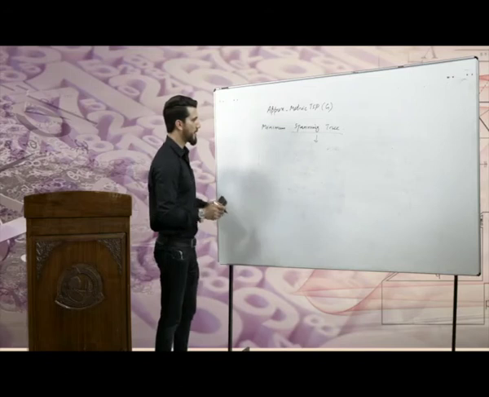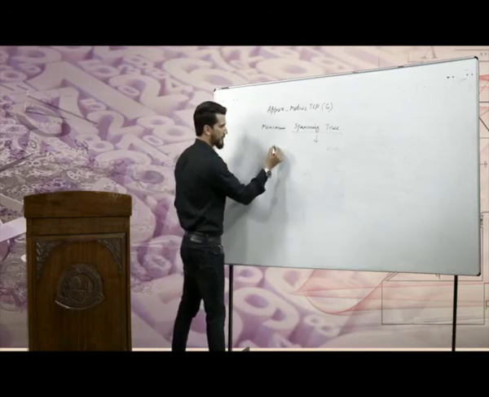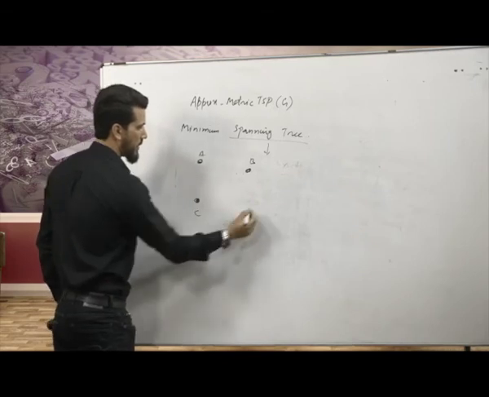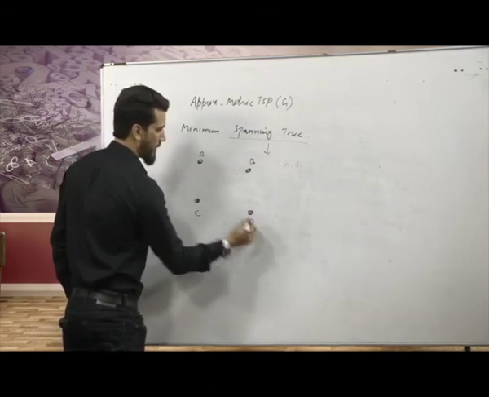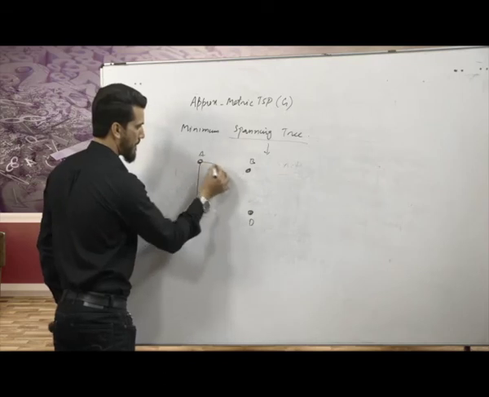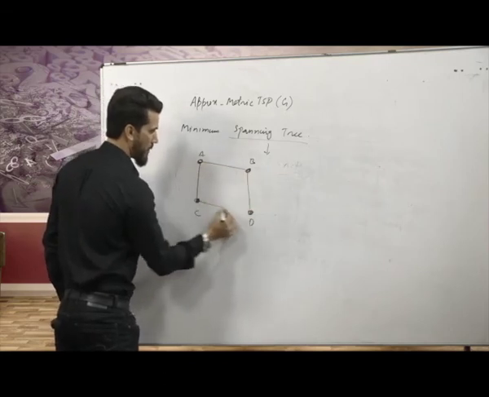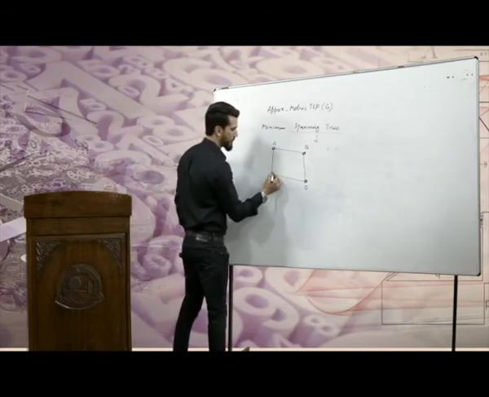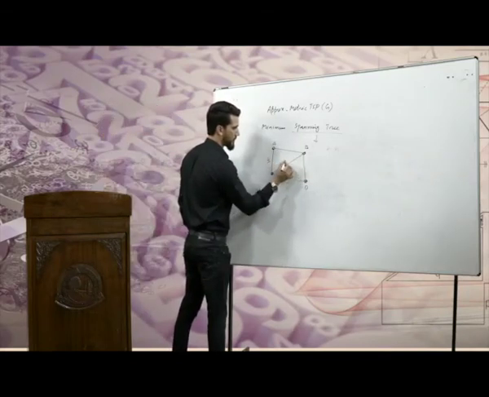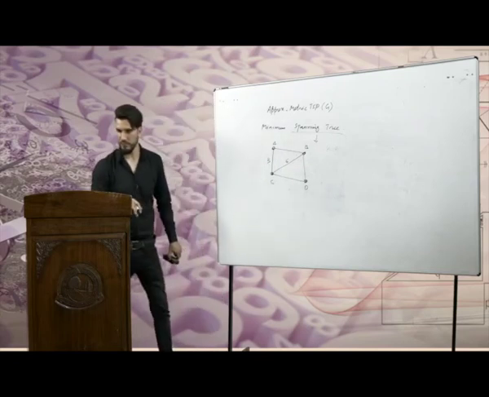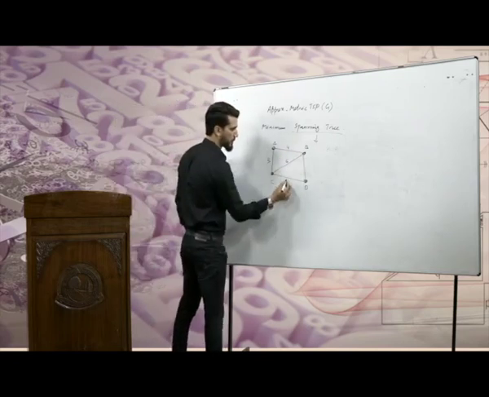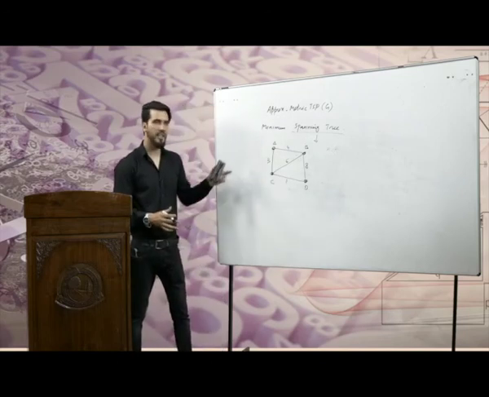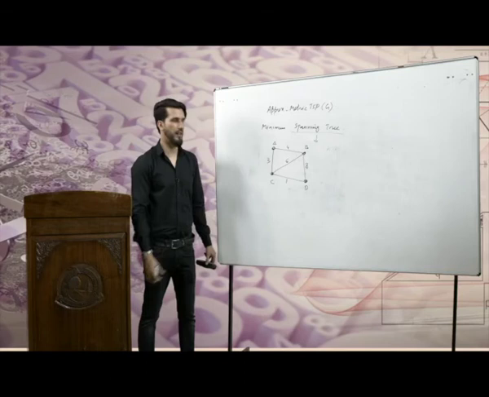For example, if I have a graph like this, A, B, C, and D, with weights given as this, there can be many spanning trees for this graph.